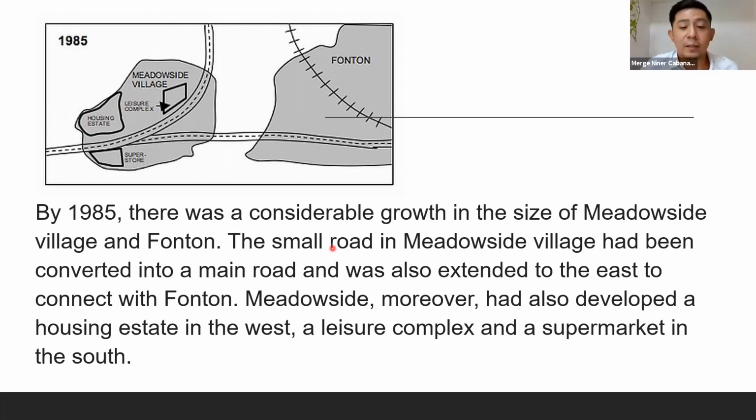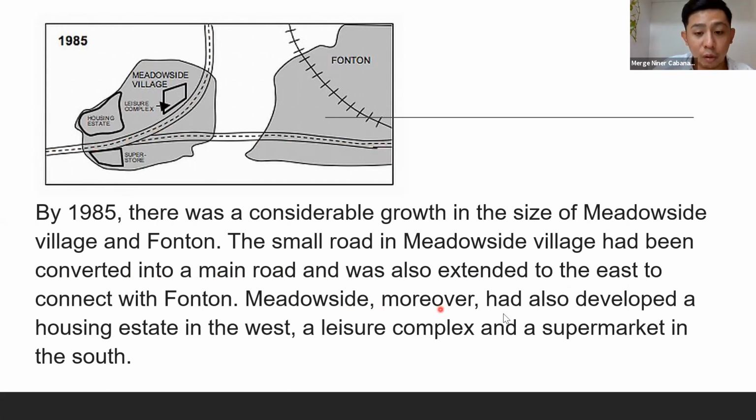The small road in Meadowside Village had been converted into a main road and was also extended to the east to connect with Fontaine. So take a look at this. The previously small road was changed into a main road. It now turned into a highway. And there is now an extension of that road that goes to Fontaine.